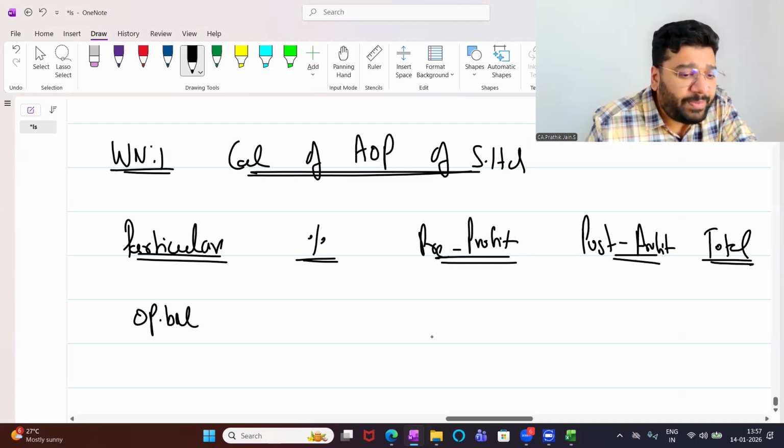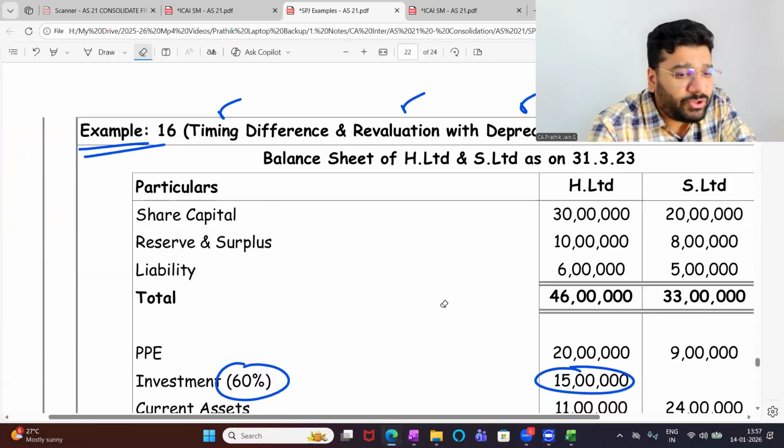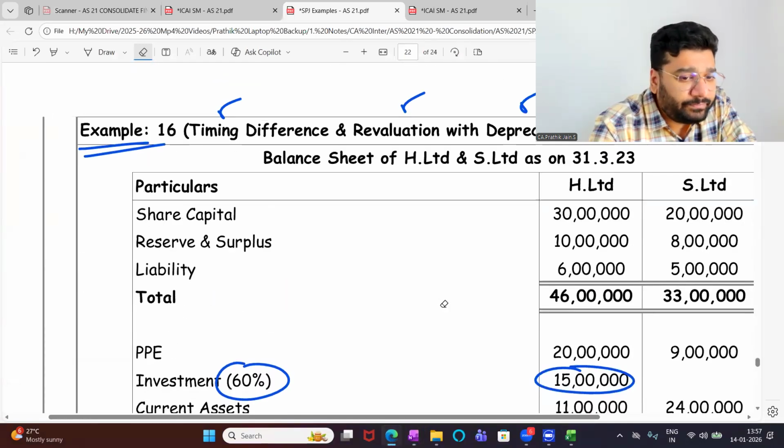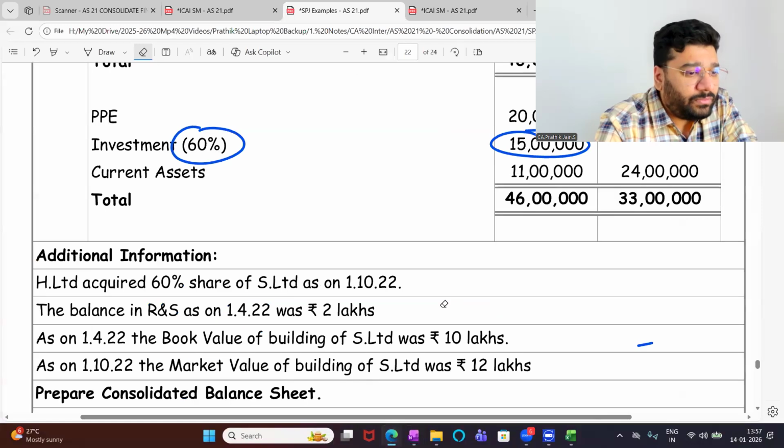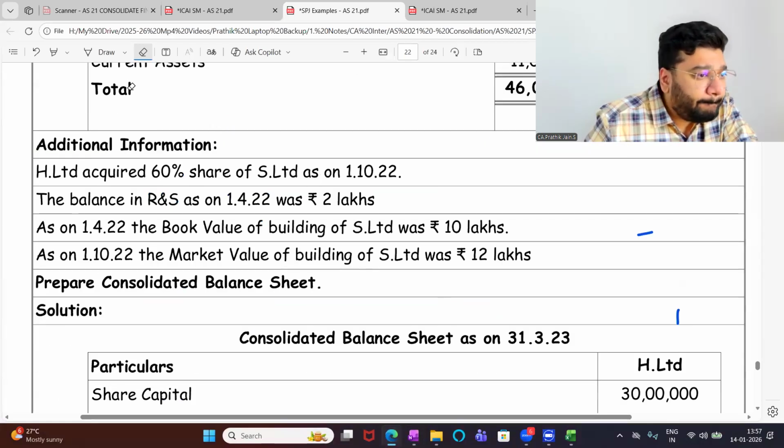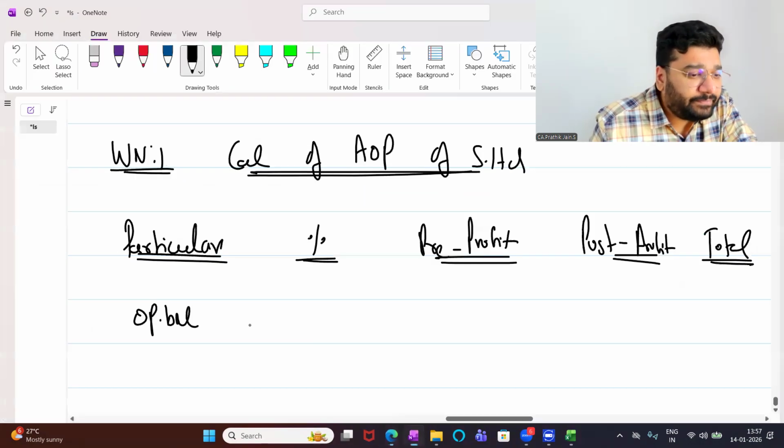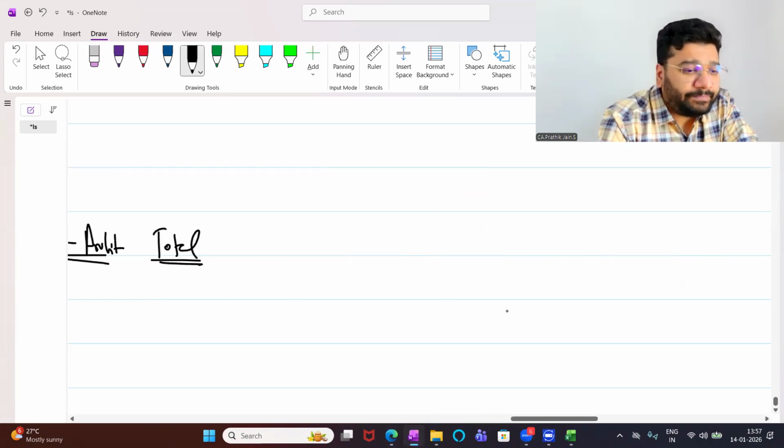Now, opening balance is given how much pre? Opening is given 2 lakh. Now listen to me very carefully.